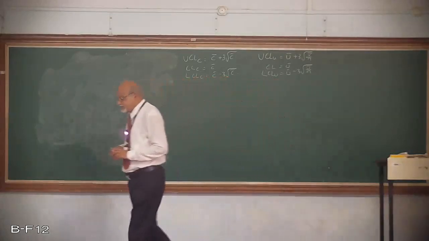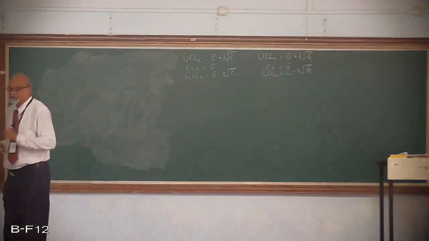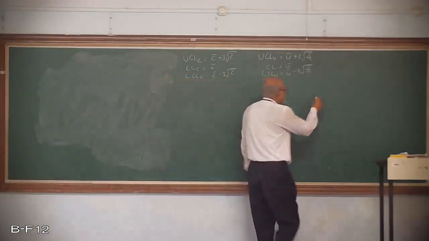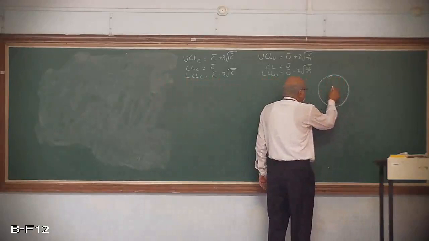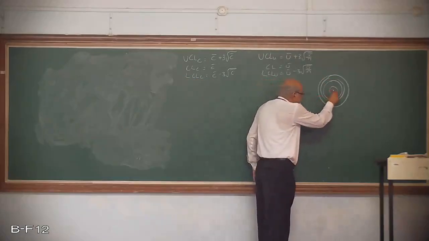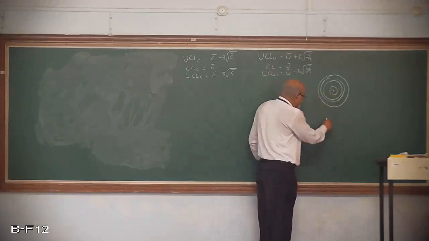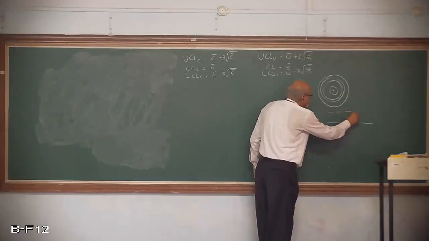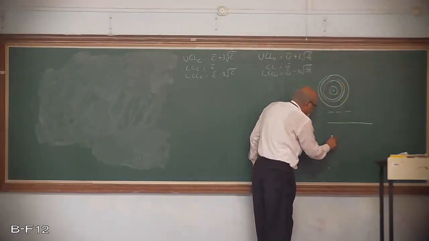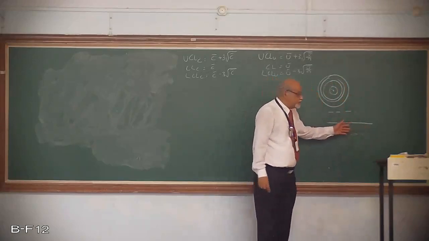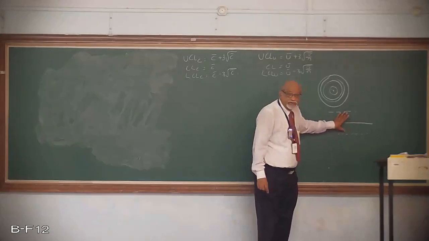In one of my classes, I might have explained the bullseye, which is what shooters use. The same thing applies here. Instead of round circles, the central line is fixed, and the upper and lower control limits, instead of being circular, are straight lines, and the points are shown by dots. They have to be within these limits and should not cross.